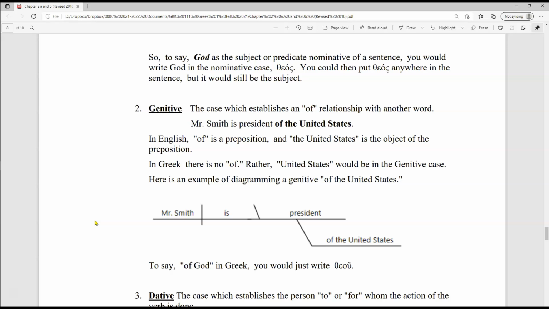Mr. Smith is president. Both those are going to be in the nominative. And then "of the United States," you'll put in the genitive. So if you want to say "of God" in Greek, instead of theos, it would be theou. And when you put it in theou, it means "of God." Right? You with me?